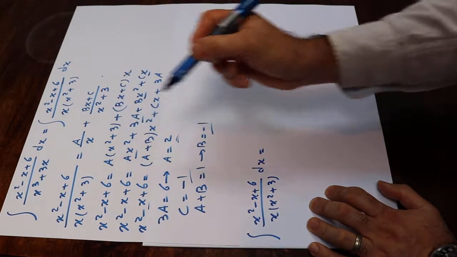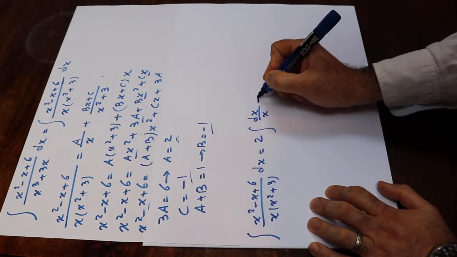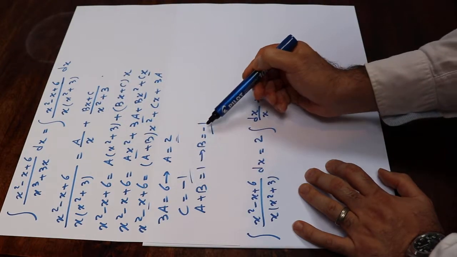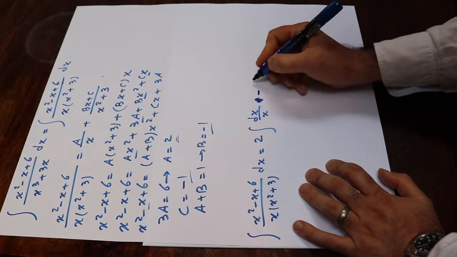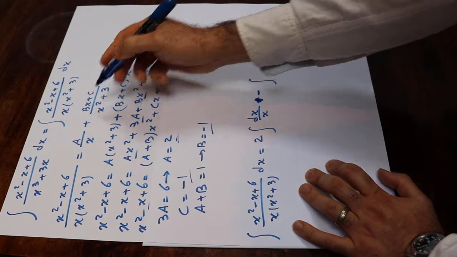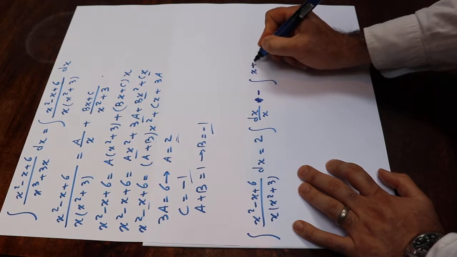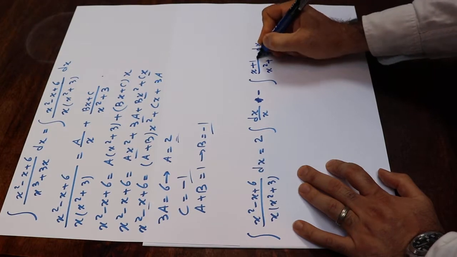Here 2 is constant, I can take it out of the integral of dx over x, plus the second one, that is B is equal to −1, C is equal to −1, so I can basically take the minus out here. The integral of, instead of B I write 1, that means (x + 1) divided by (x² + 3) dx.